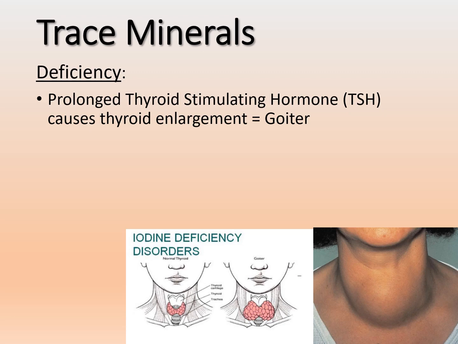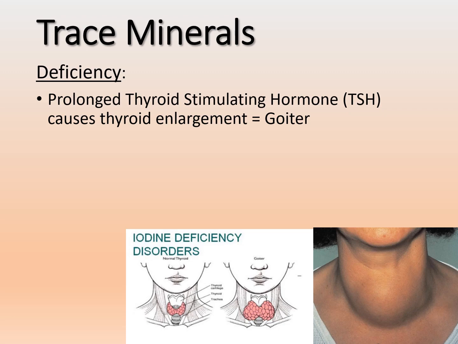So what do we see with iodine deficiency? There's a classic symptom of iodine deficiency, and that's a goiter, which is an enlarged thyroid gland. What happens if you don't have enough iodine is your body can't produce enough thyroid hormone.